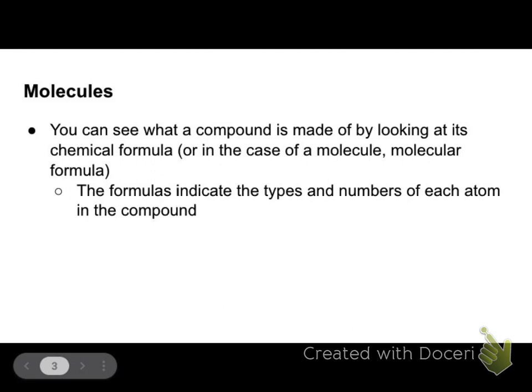Formulas indicate the types and numbers of each atom that are in that compound. So, for example, with water, we have the chemical symbol from the periodic table that tells us what atom is involved. So in this case, we can see hydrogen and oxygen being involved.